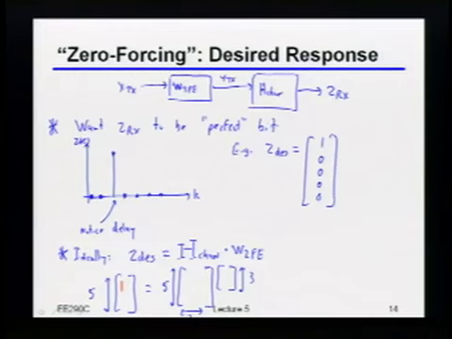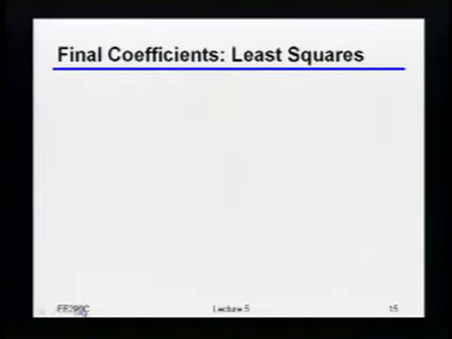Maybe somebody remembers linear algebra. Since you can't do this, what do you do? Least squares. Yes, exactly. You just do some sort of least squares fit. For those of you who haven't seen this in a while, since you can't set them equal, instead you want to minimize the so-called mean squared error.